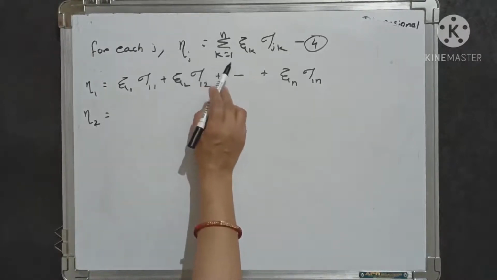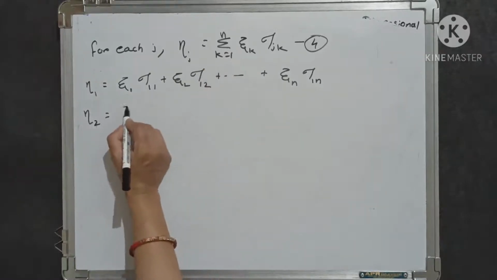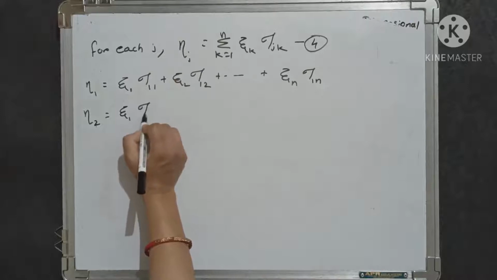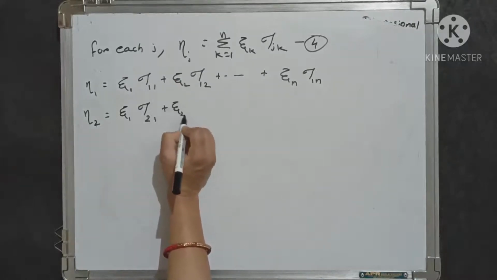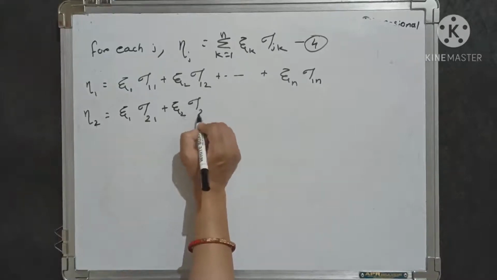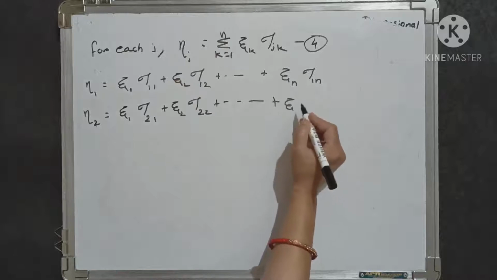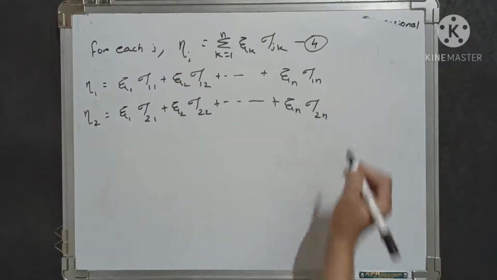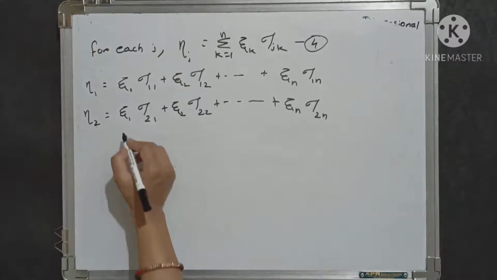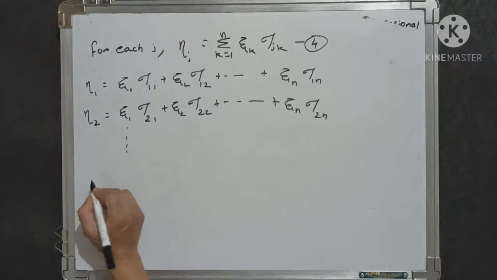Again the summation is from k equals 1 to n, therefore the first term is xi 1 tau 21 plus xi 2 tau 22 up to plus xi n into tau 2n. This continues up to the last value of j, which is r.